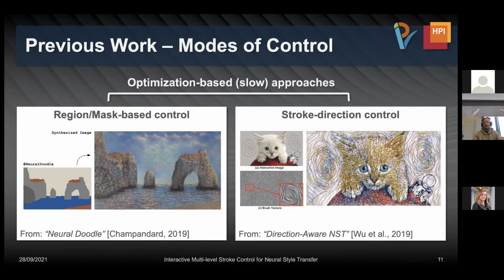Here, a semantic mask is drawn, and for each area of the mask, a different semantic is assigned, which then creates the output image we can see here. On the right, we see stroke direction control. Here, a flow field is generated, which guides the strokes along the flow. The user can then manipulate this flow by drawing on the image and generating these output strokes in the output.